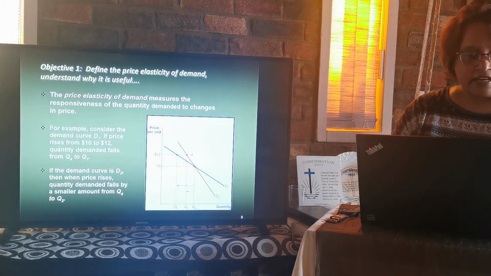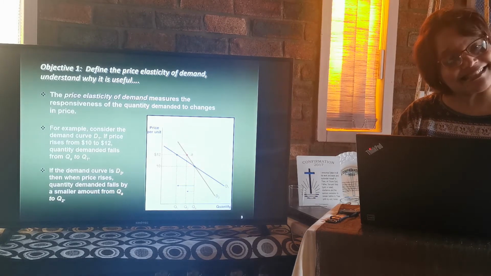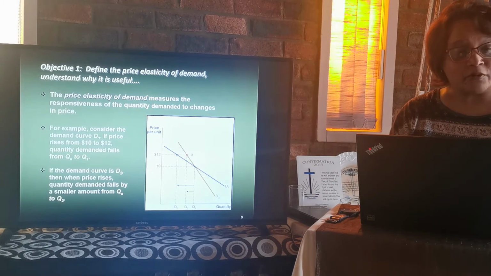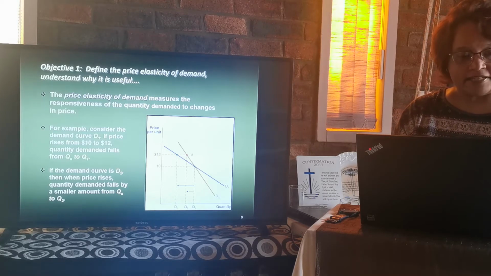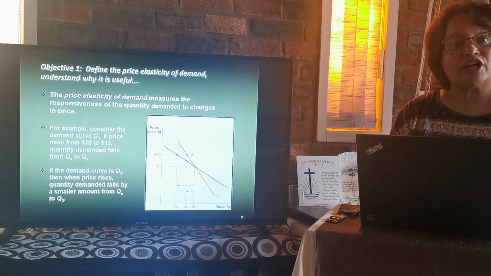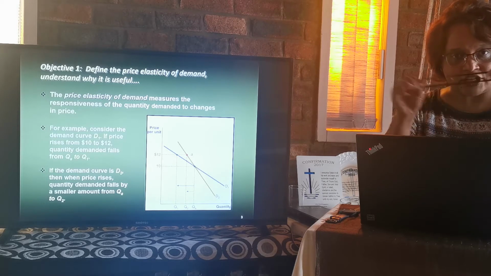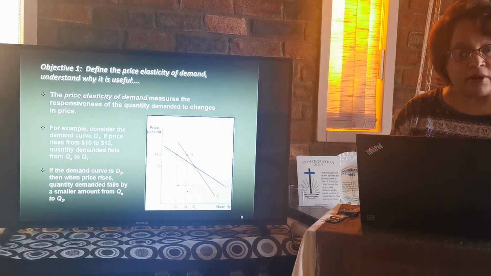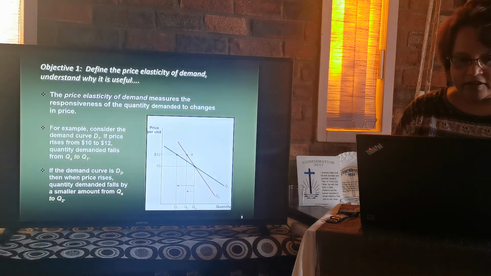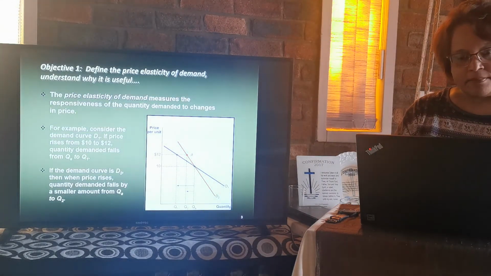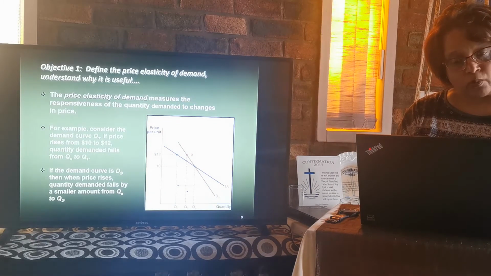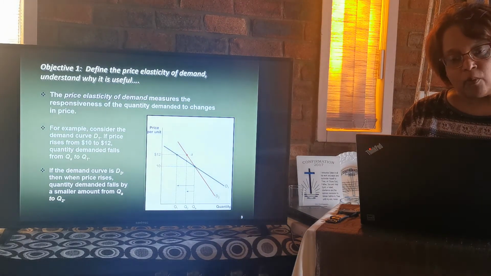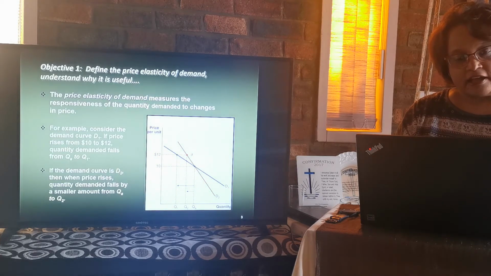So first objective, define the price elasticity of demand and understand why it is useful. Price elasticity of demand measures the responsiveness, the reaction, of the quantity demanded to changes in price. If you look at the demand curve, remember the downward slope, demand curve 1, at a specific price of, for example, 10 Rand, the quantity would be QA.